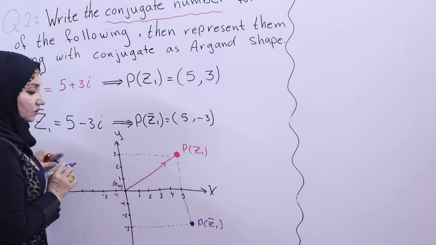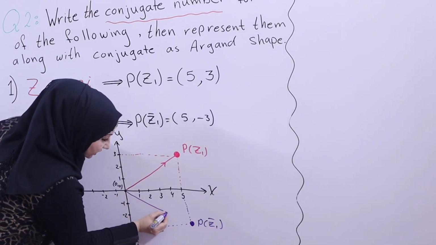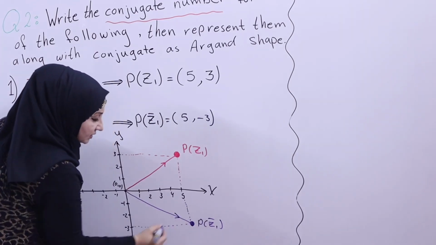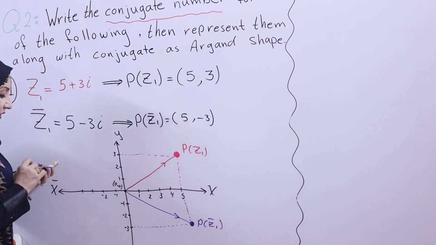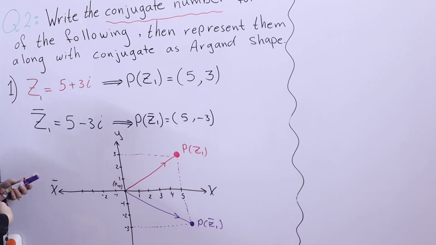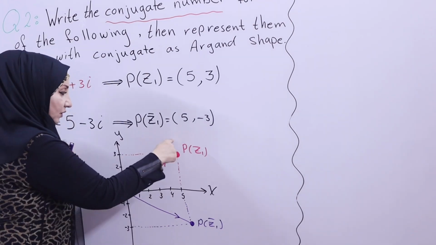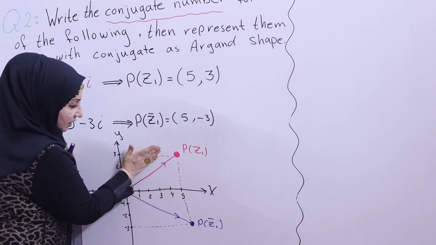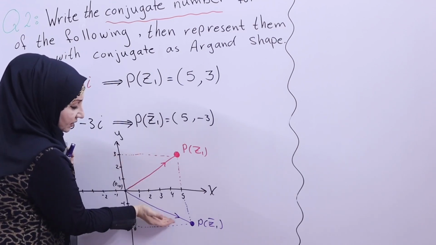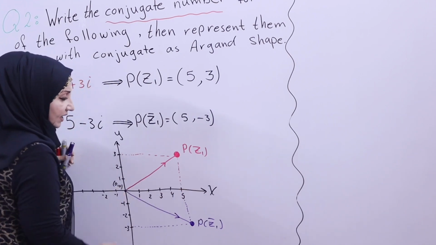And now we can draw the Argand shape by connecting the origin and the point which represents the conjugate of Z1. And now we see that the Argand shape which represents the conjugate of the complex number will be the reflection of the Argand shape of the complex number, the reflection of it by the x-axis.